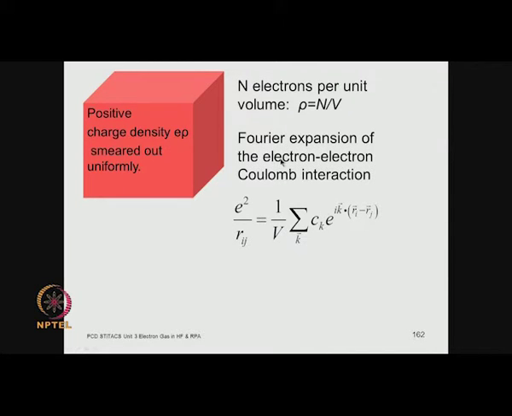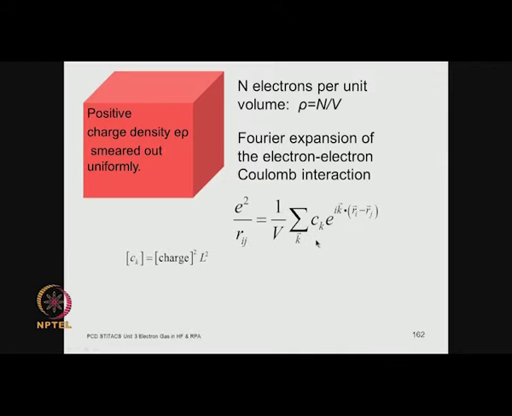So now you also have the electron-electron interaction, which we have expressed earlier in terms of this complete set of bases of the momentum vectors in the reciprocal space, right.